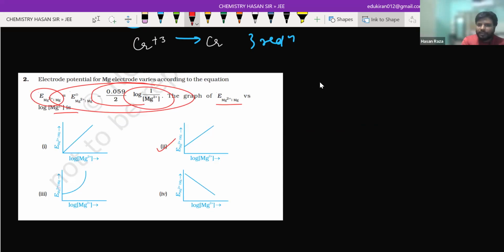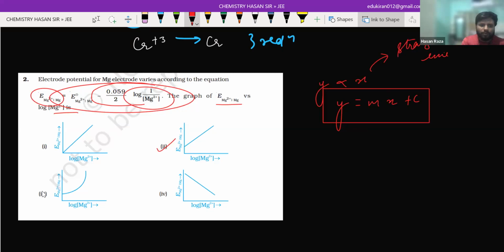So you can see x and y are directly proportional to each other, and since y is equal to mx plus c, that means a straight line, since they are directly proportional to each other. So this option is not correct, but there is a straight line graph in 1, 2, 3.